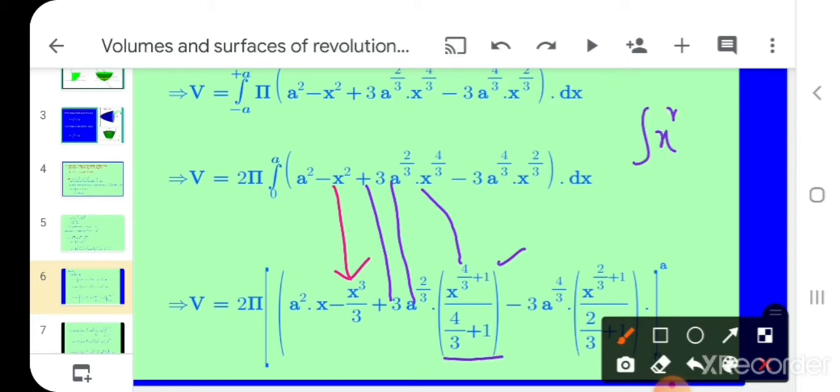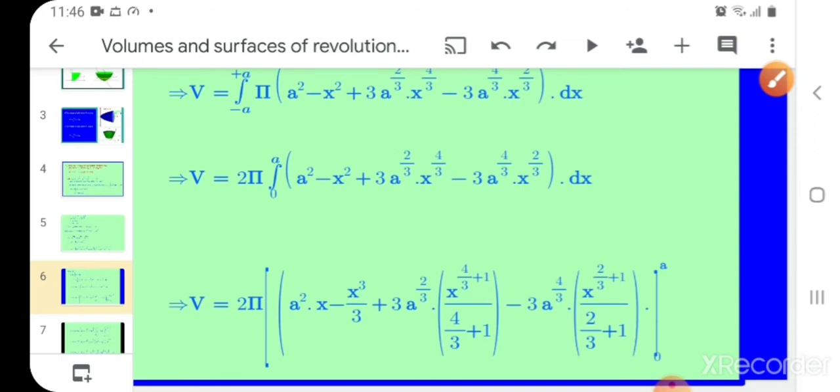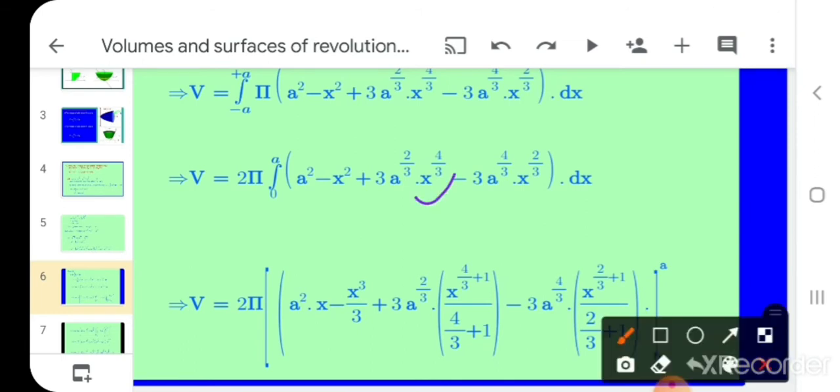What is the integration formula of x power n? x power n plus 1 by n plus 1. So we have to add the 1. Okay, x power 4 by 3 integration is x power 4 by 3 plus 1 by 4 by 3 plus 1. What we have in the power, we write in the denominator. Okay, both are the same.